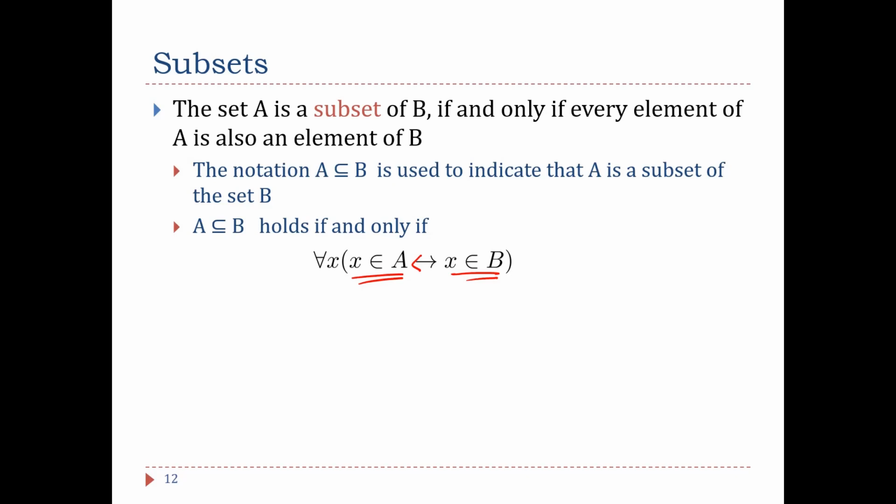So if you can only prove this part of the bidirectional, meaning only this implication and not the bidirectional, then all that you can say is that A is a subset of B, or a subset or equal to B. We are not yet sure. We cannot confirm it, but we also cannot deny or refute it completely. We have to think about it.